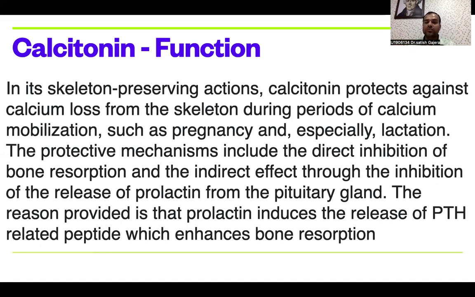So to produce the milk, the body tries to suppress the prolactin level. How prolactin works is a different part, and we are covering it in the next video topic.